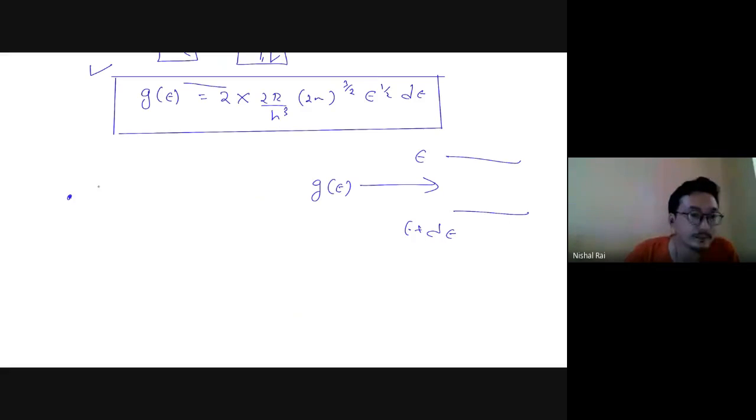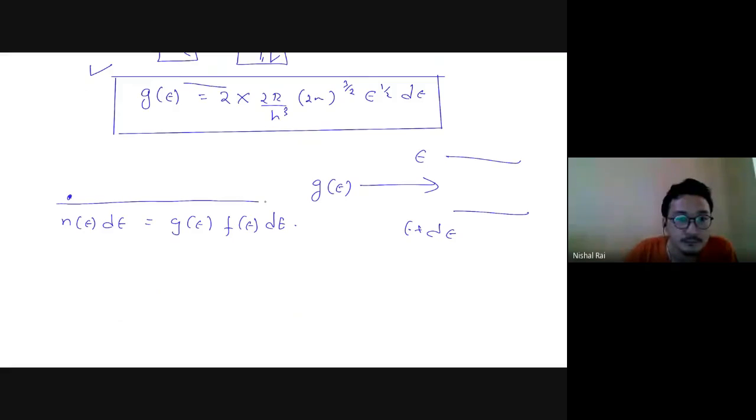Then how do you get it? Now, the number of particles in energy dE will be given by G(E) F(E) times dE. Clear? This is the number of quantum states.